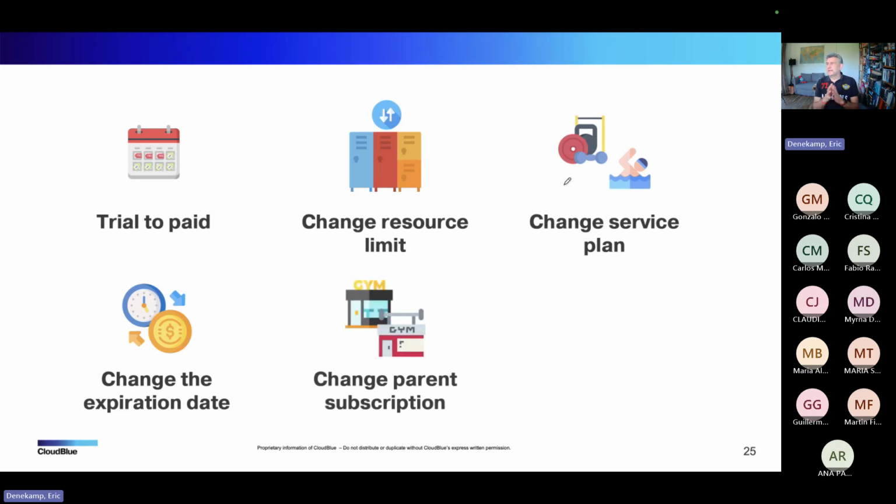It might also be that they open a new location closer to your work or closer to your home. First you traveled a triangle, now you can almost travel in a straight line from your work to your home because the gym is on that way. What I can do is what we call change the parent subscription.